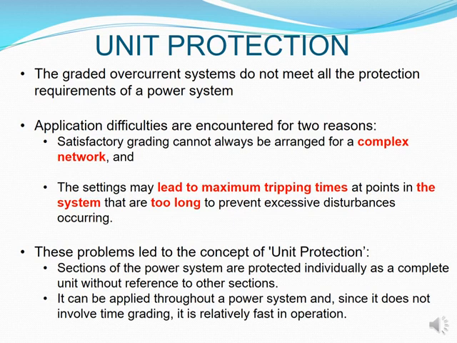The benefit that we get from this unit protection is that you can apply it throughout your protection system. And because there is no grading involved, your protection should act relatively fast in isolation of the section that has a fault in it.